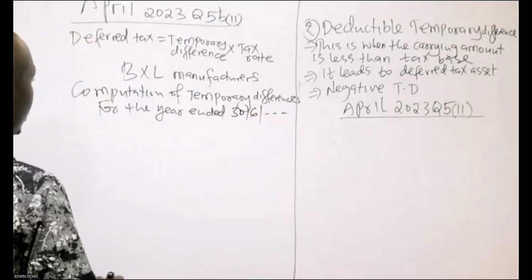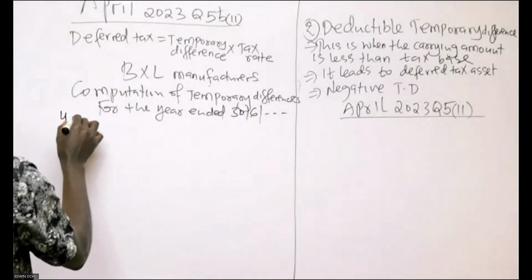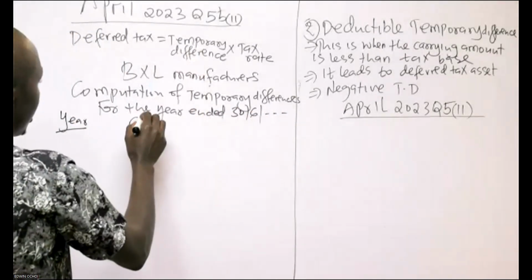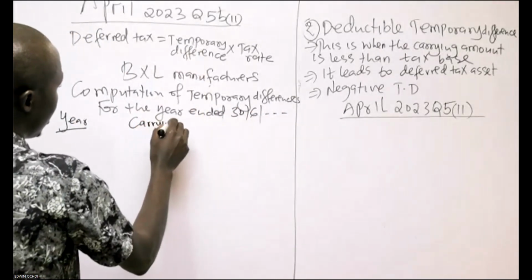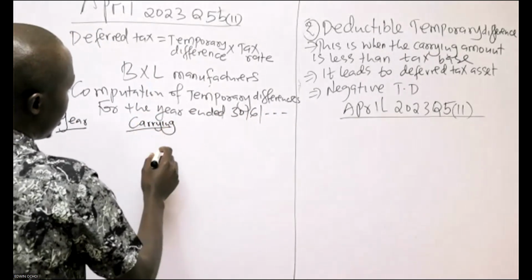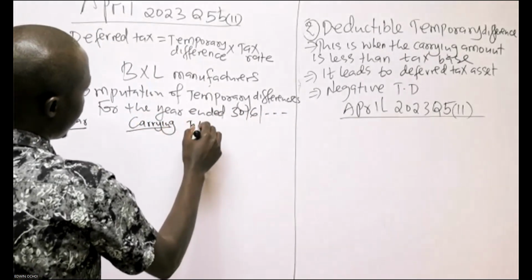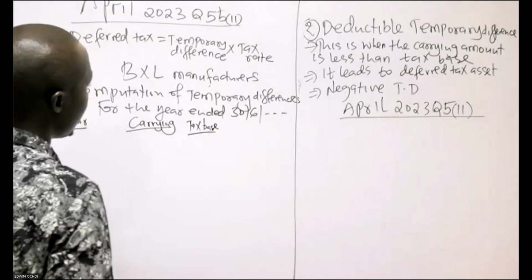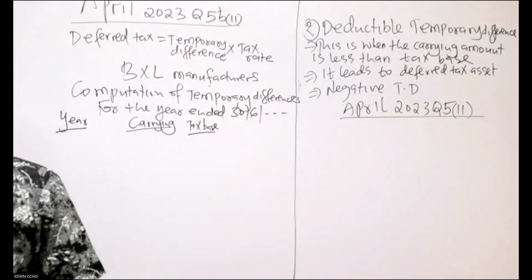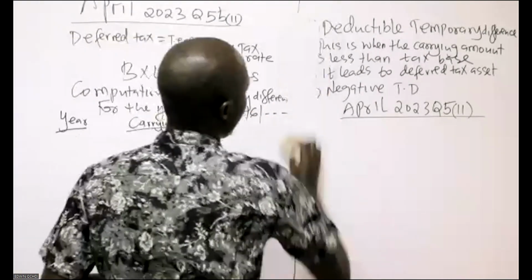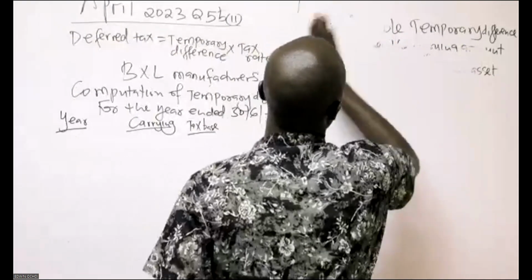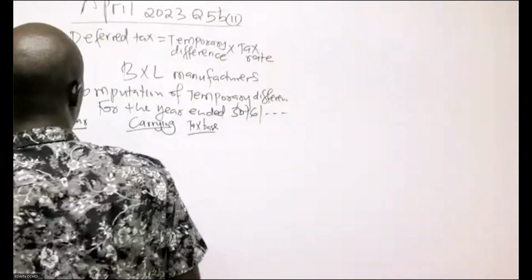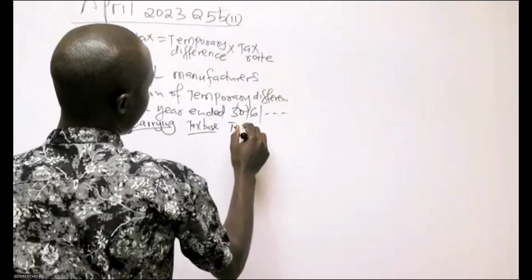So remember that here we talk about the year. We know the temporal difference is carrying amount minus tax base. Once we deduct the tax base, we will be able to get our temporal difference.